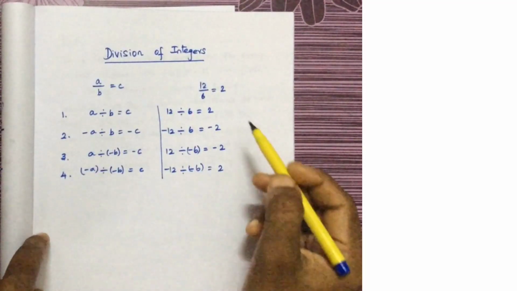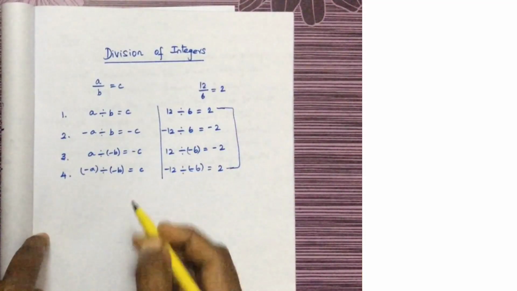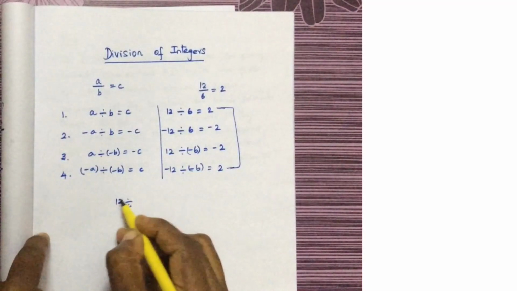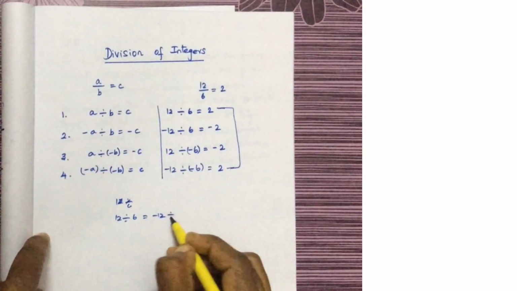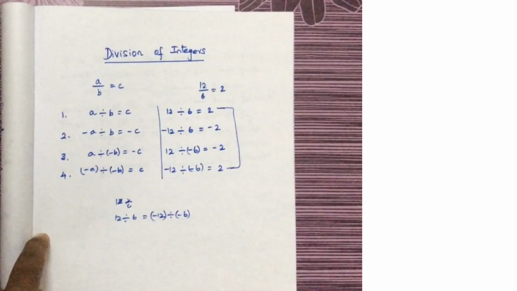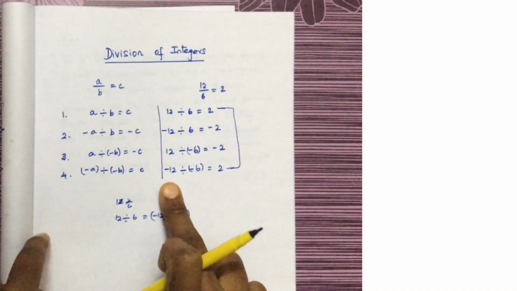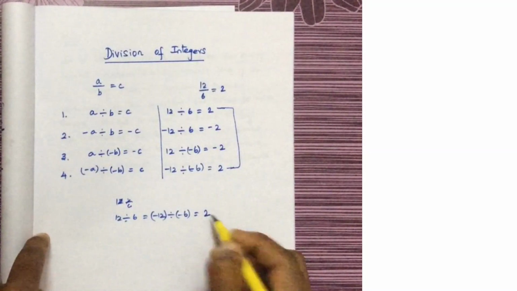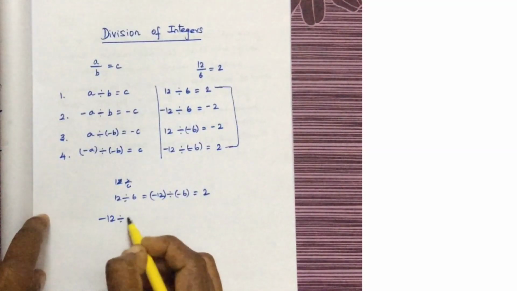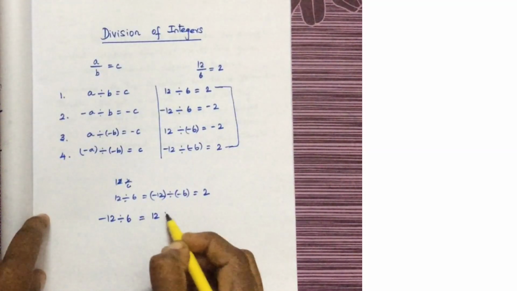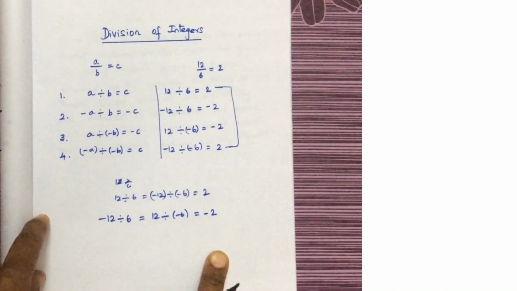Now in this, if you see the first and last, whether it is 12 divided by 6 or minus 12 divided by minus 6, both give the same result. Similarly, minus 12 divided by 6 or 12 divided by minus 6, both are equal to minus 2.